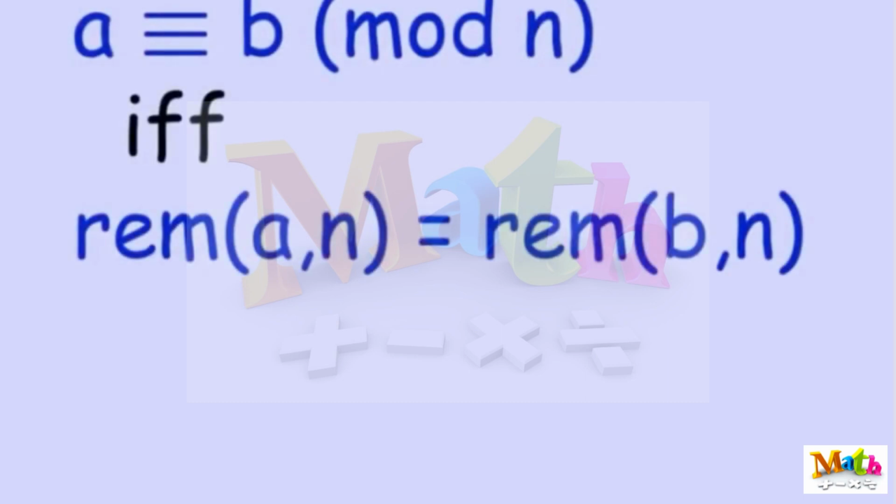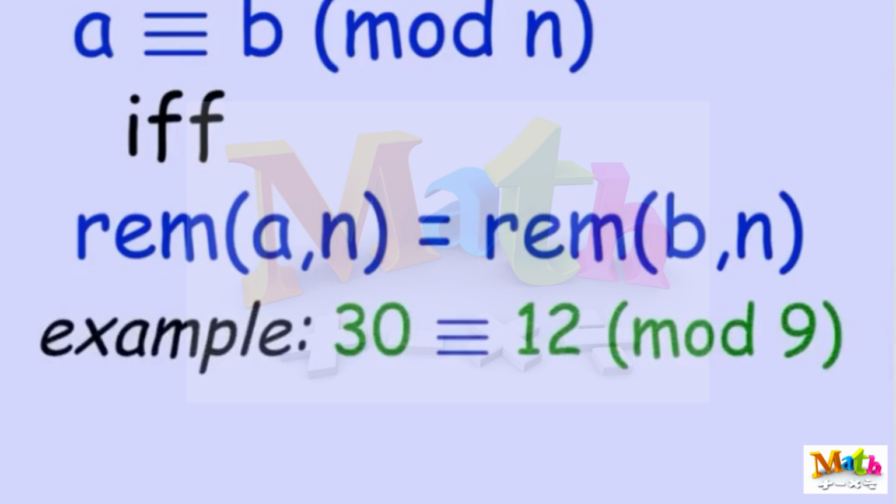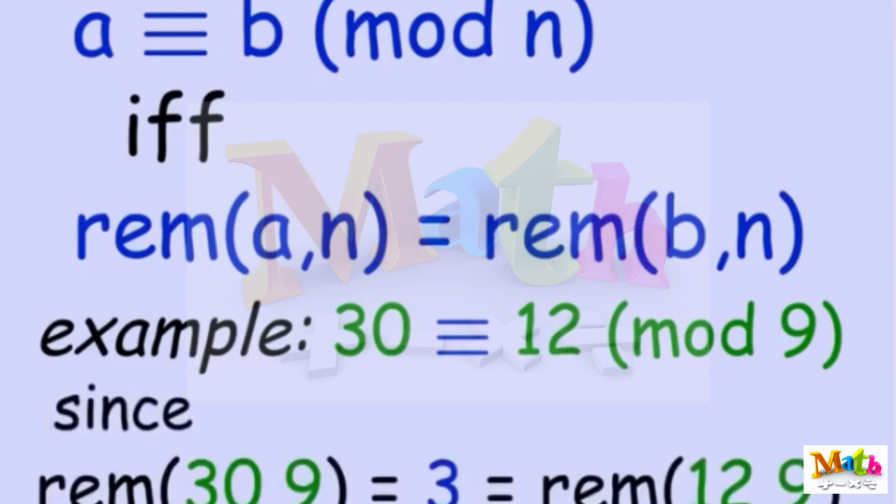Another way to understand congruence and what it's really all about is the so-called remainder lemma, which says that A is congruent to B mod n if and only if A and B have the same remainder on division by n. So let's work with that definition. We can conclude using this equivalent formulation that 30 is equivalent to 12 mod 9 because the remainder of 30 divided by 9, well, 3 times 9 is 27, remainder 3, and the remainder of 12 by 9 is 3.